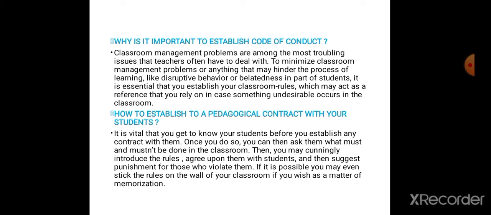Once you do so, you can then ask them what must and mustn't be done in the classroom. Then you may cunningly introduce the rules, agree upon them with students, and then suggest punishment for those who violate them. If it is possible, you may even stick the rules on the wall of your classroom if you wish, as a matter of memorization.